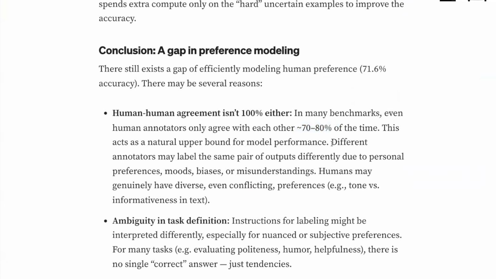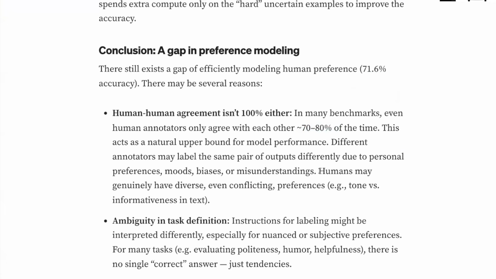This is also because different annotators may label due to personal preferences, right? The moods they have, how they feel, biases, backgrounds, misunderstandings, all kinds of things can contribute to the preference. Human preference is also personal.